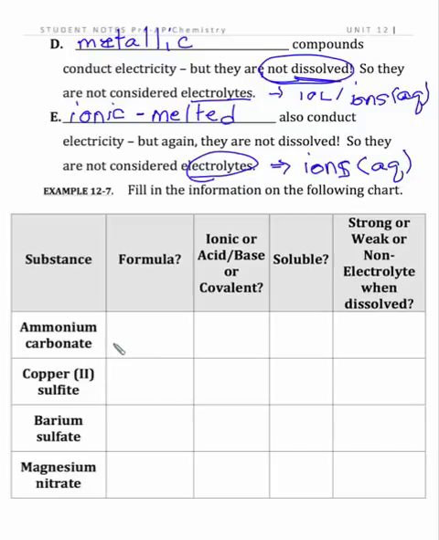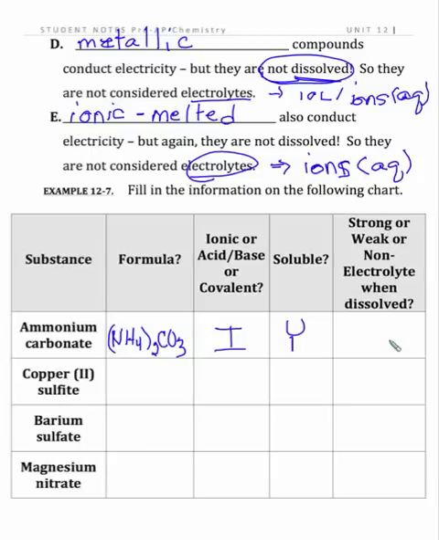So let's get an example of these. We have ammonium carbonate, NH4, and there's two of them, CO3. Ionic, acid or base, or covalent. You always have to classify. This is two polyatomic ions. It's considered to be ionic. Is it soluble?